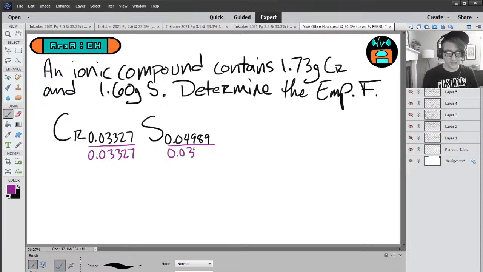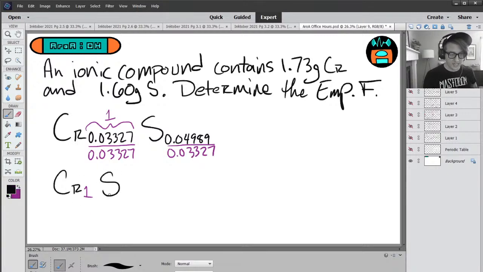The reason for this is when you divide 0.03327 by itself, it'll come out to be 1. So this is now chromium with a subscript of 1. That's definitely an integer. Let's see how sulfur comes out.